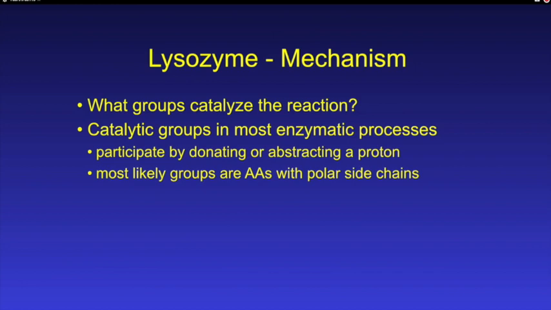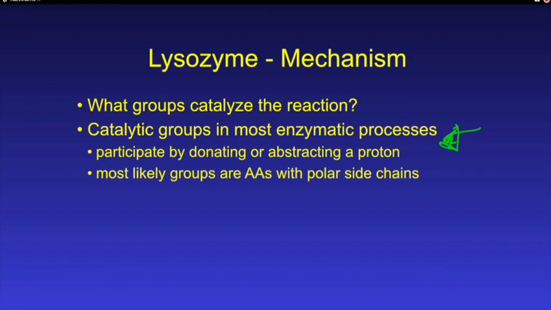Well, what we're going to do is actually add water across this bond, and so we're going to need to be able to deprotonate and protonate in a particular way so that we can break this bond. And so the catalytic groups that are probably going to be part of this are ones that can deprotonate and protonate, and most of the time they are probably internal to the protein.